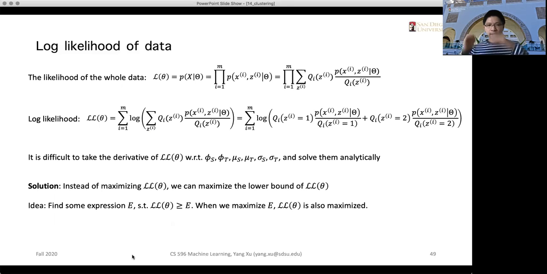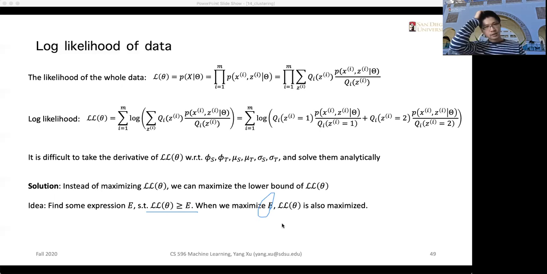That means if we can find an expression E, and we maximize this expression, and we also know that the log likelihood is always bigger than E, then whenever E is maximized, the log likelihood is also maximized.